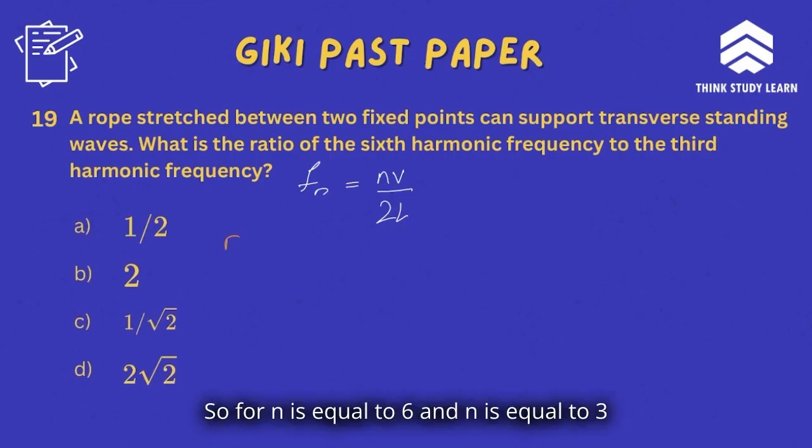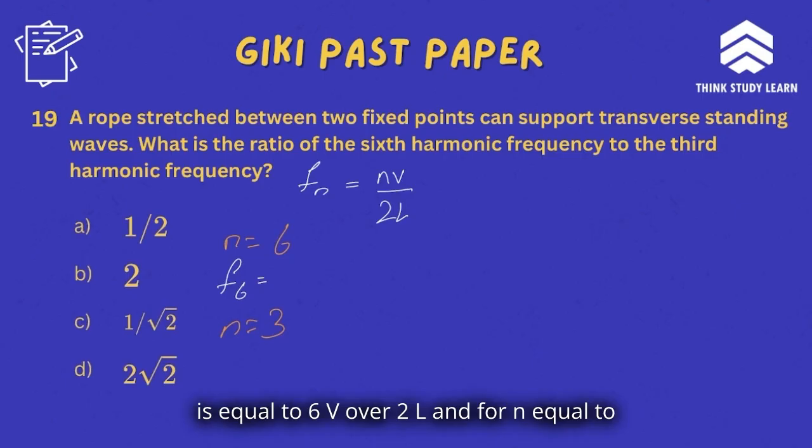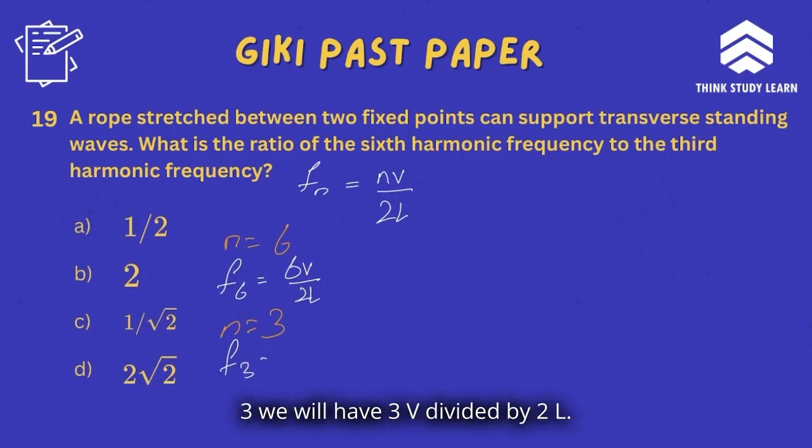So for n is equal to 6 and n is equal to 3, we will have the harmonic frequency as f6 is equal to 6v over 2L, and for n equal to 3, we will have 3v divided by 2L.